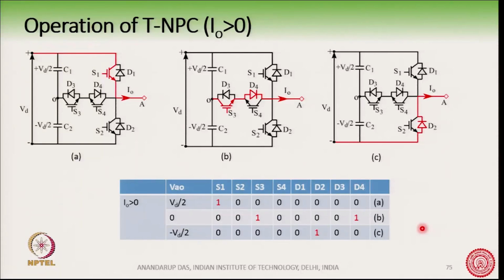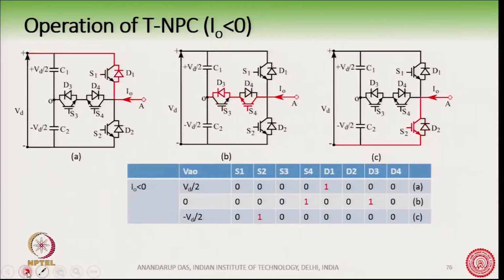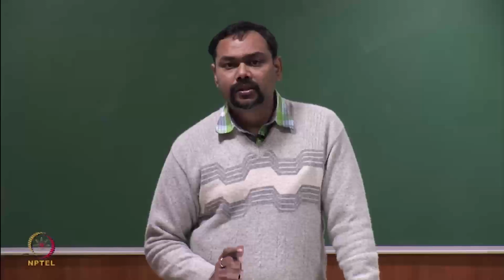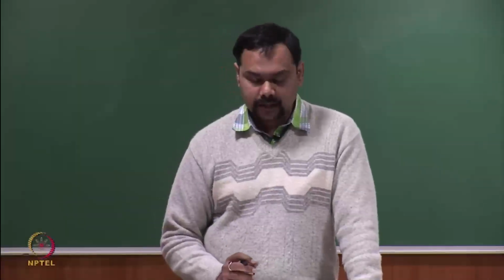So, this is for the condition when the pole current is greater than 0. What will happen if I0 is less than 0? In that case, for Vd by 2 voltage, the diode D1 will be conducting, and for the 0 voltage, S4 and D3 will be conducting, and for the negative voltage, S2 will be conducting. Okay. So, these are the different switching states or different configurations of the switch for these 3 states.